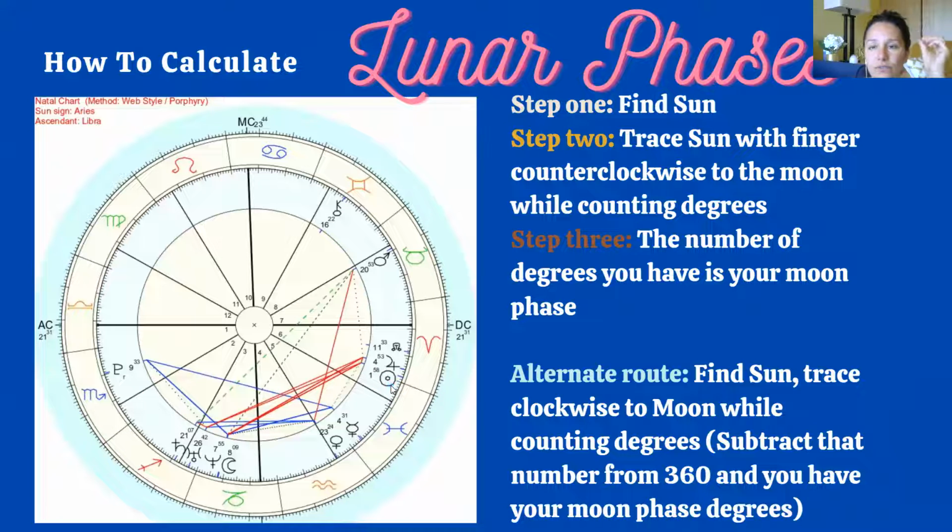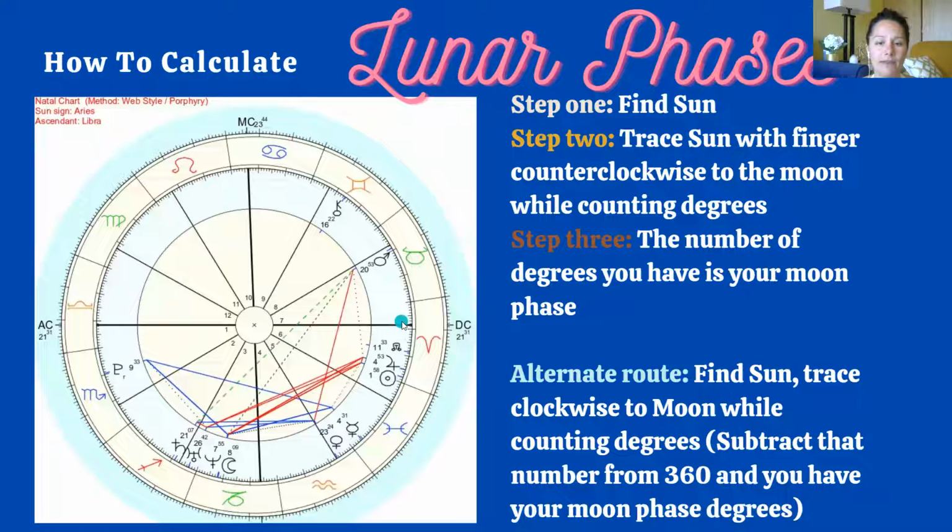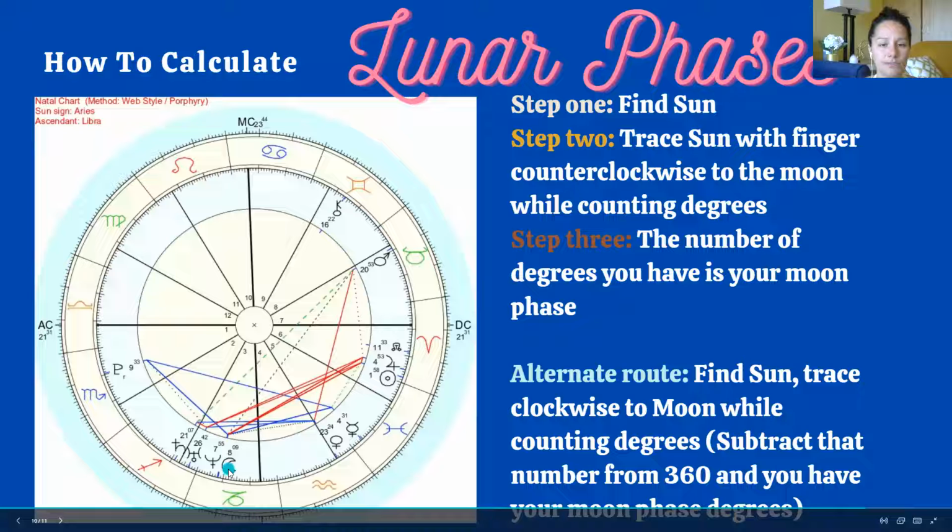Then you're going to spin the sun counterclockwise, or to the left, until you meet up with the moon. So for me, we would go from the sun all the way around to the left, hit the moon, you're done.